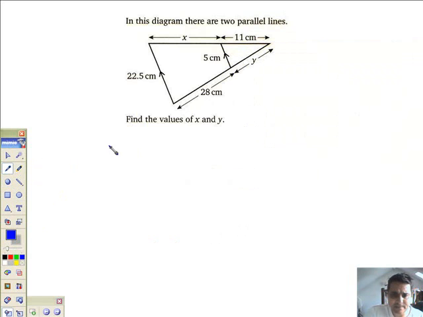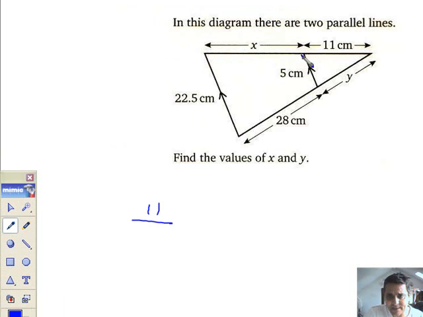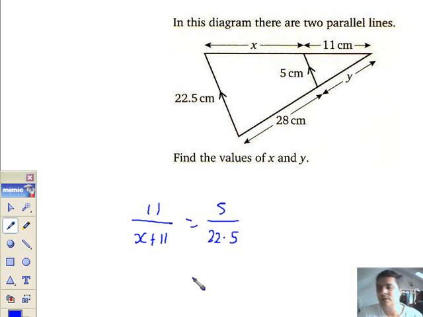So 11 over the large side, x plus 11, that's better, equals small 5 divided by the corresponding large side, 22.5. Now that's correct.